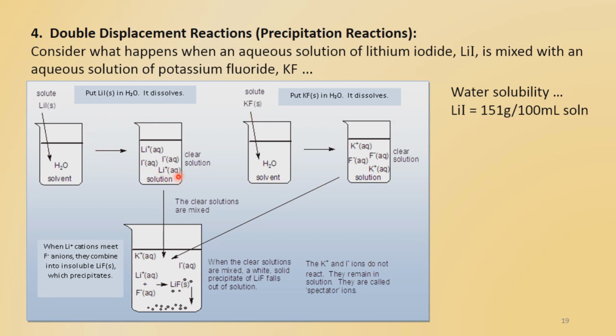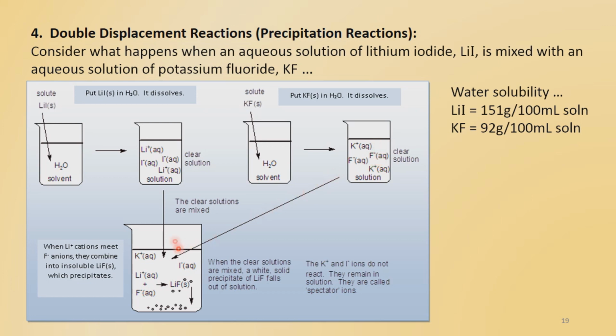So it produces a clear colorless solution containing lithium ions and iodide anions. We can also make a solution of potassium fluoride, dissolving it in water. Notice the solubility is also very high, 92 grams of potassium fluoride per 100 mL of solution. So we get another clear, colorless solution containing potassium ions and fluoride ions.